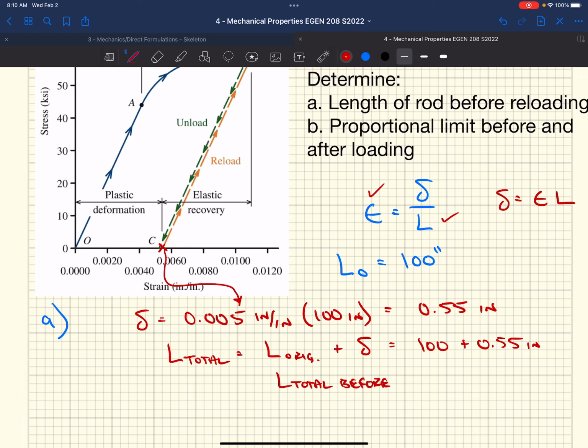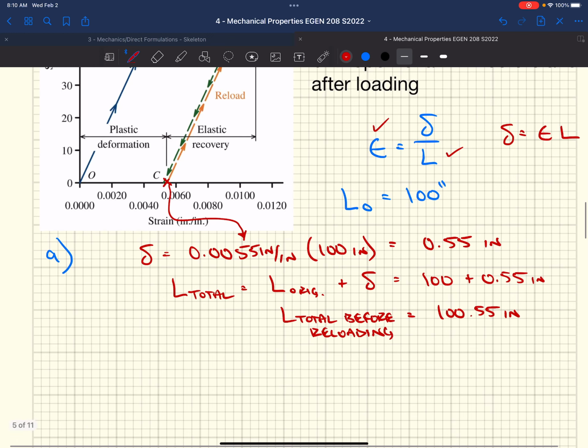So before we reload, our rod is now, excuse me, 100.55 inches. We're going to call this delta 0.55, sorry. Any questions there? Pretty straightforward, right? Equation's fairly simple. We have strain, change in length over the original length. Figure out what we have and don't have.